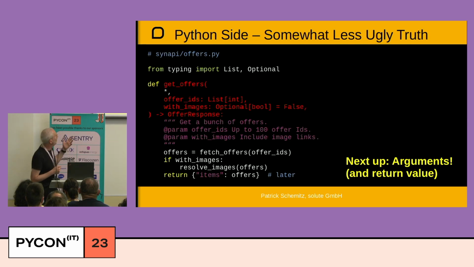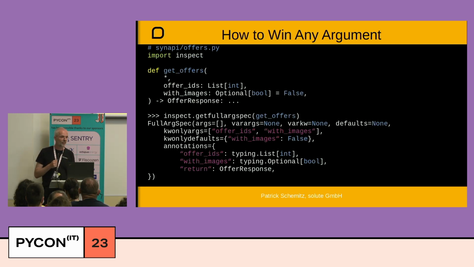Okay, so that's already better. The red has receded. Next up are the arguments and the return value. To get to the arguments, in the inspect module, batteries included, there is a function called getfullargspec, which returns everything we need. The little star is the first argument here, by the way, in case someone hasn't seen this yet.